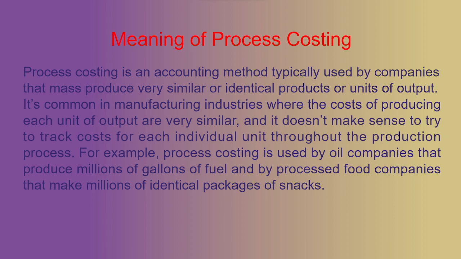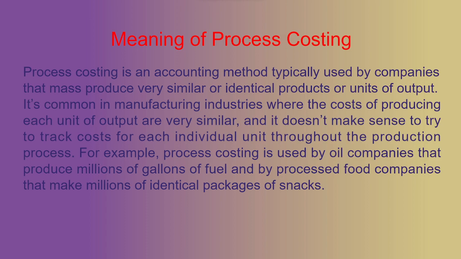This costing method is used in industries like chemicals, textiles, steel, rubber, sugar, petrol, lubricants, etc. Process costing is also used in assembling types of industries. It is assumed in process costing that the average cost represents the cost per unit.